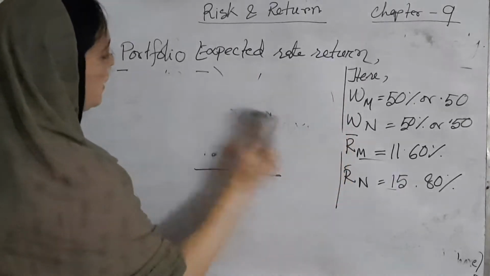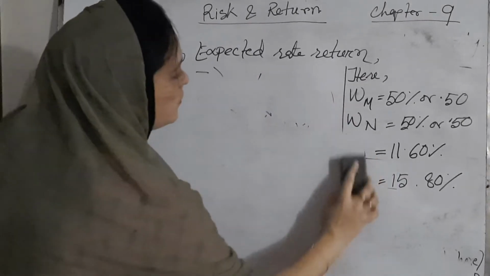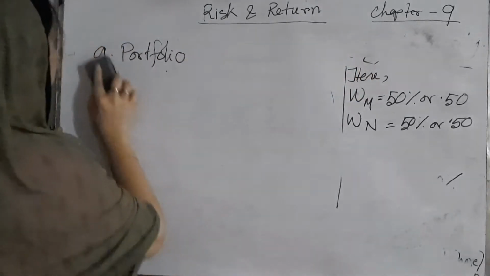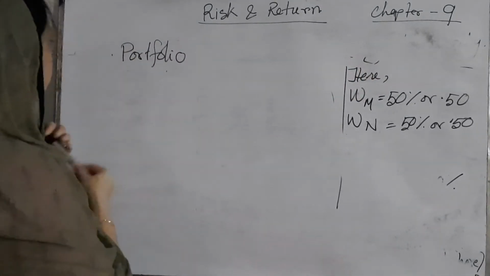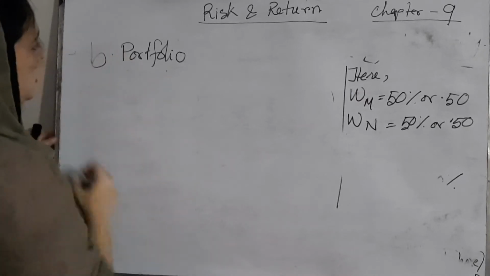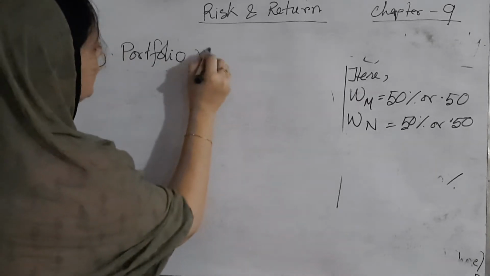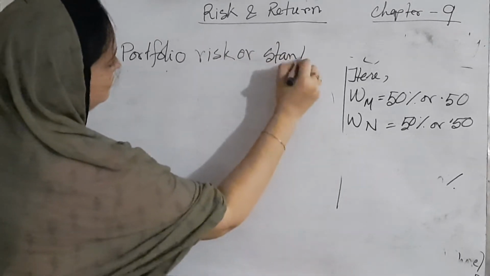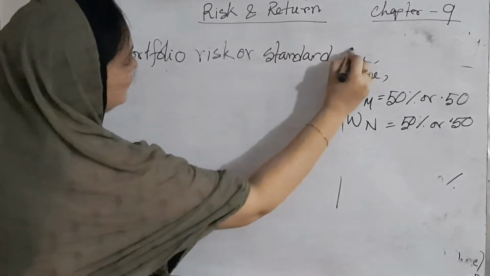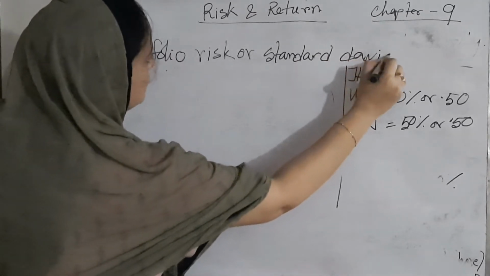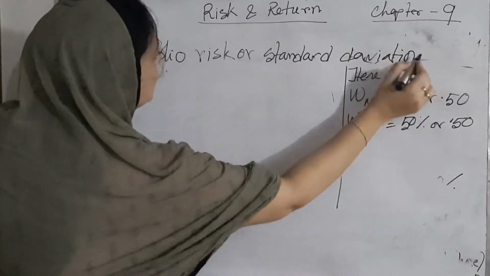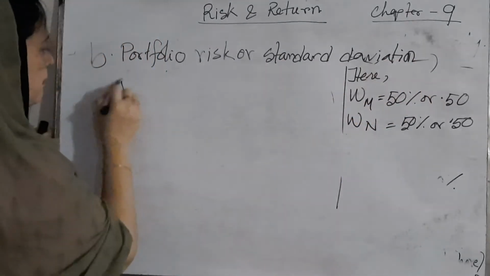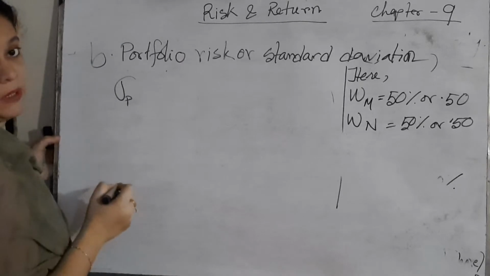Now requirement B, portfolio risk or standard deviation. We can denote it by sigma P.